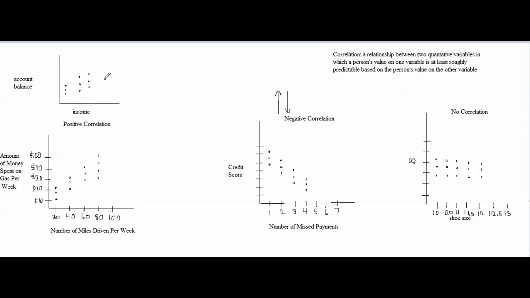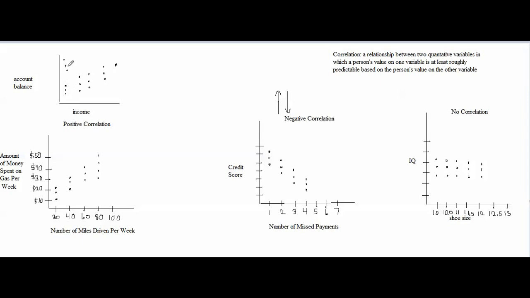But we might also see a lot of people who are exceptions. What I mean is we might see a lot of people who don't fit this overall pattern. For example, we might have a lot of people who don't make very much money, but they have a lot of money saved because they're very good at saving money. So we could have some people up here in this corner area.